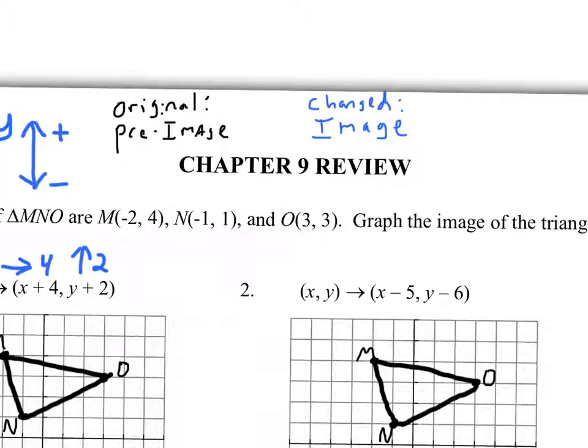The original figure we draw with solid lines. The image, the changed figure, we draw with dashed or dotted lines. And when we label them, let's say this original figure was A, B, C for the vertices. The image would be A prime, B prime, and C prime. So they're very clearly distinguishable. You have to do that. That is part of what we've learned.